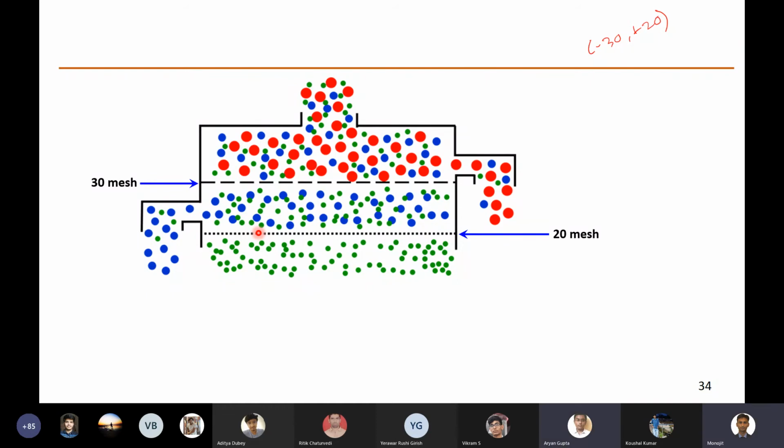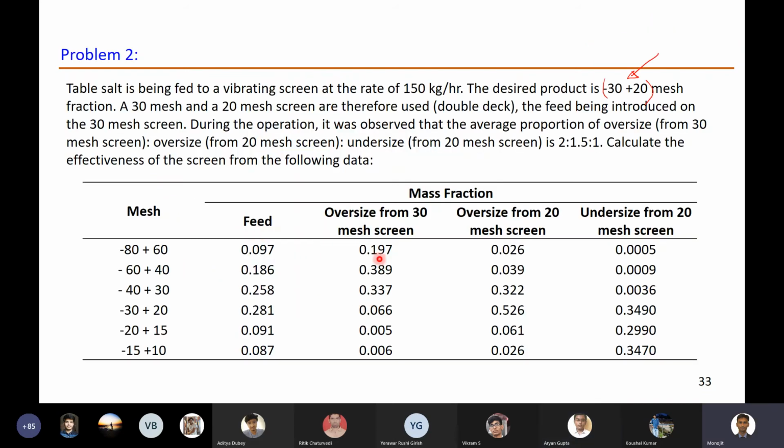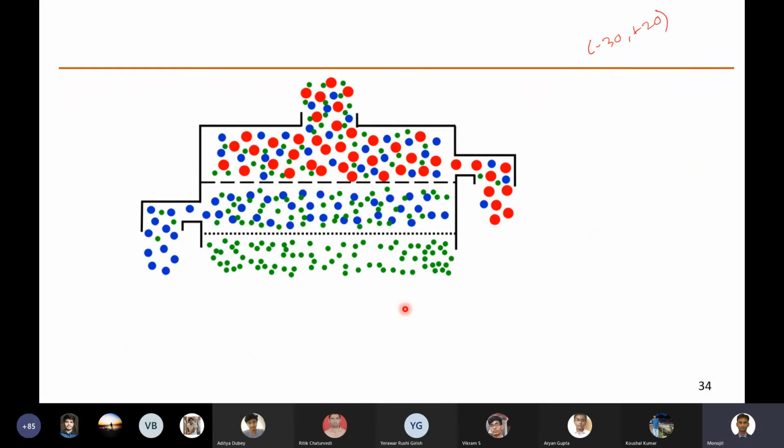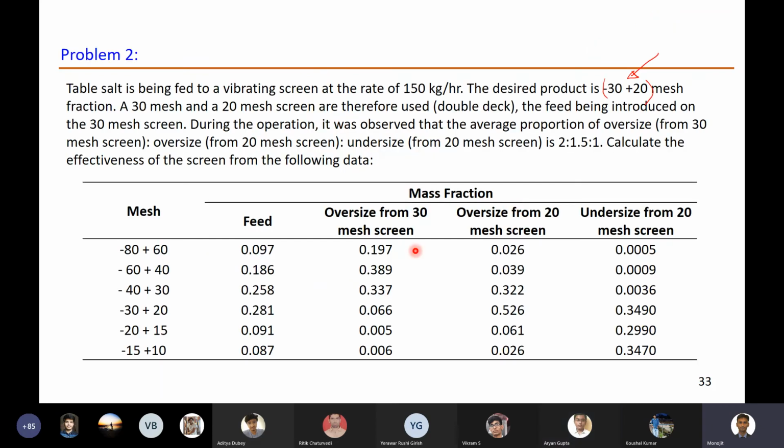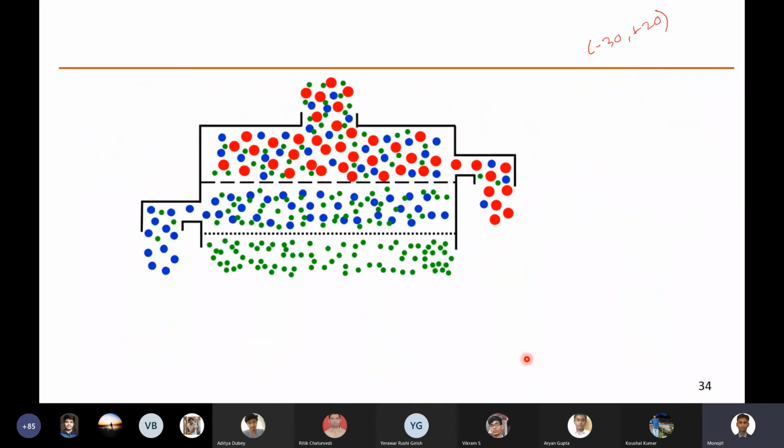Now go back and see this table. It has three components. One is oversize from 30 mesh screen. So what is oversize from 30 mesh screen? This one, right? So if I take this fraction and do the sieving analysis, I will get this data. Second is oversize from 20 mesh screen.